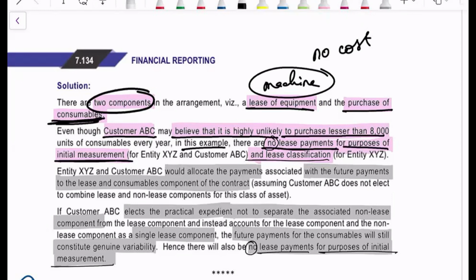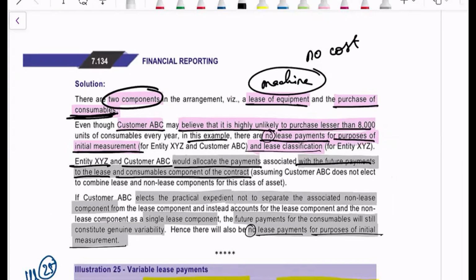Okay, so here entity XYZ and customer ABC would allocate the future payments to the lease and consumables components of the contract. What they're saying is, in the future, if there is any payment which the lessee makes to the lessor, they will allocate those payments and bring them in as a lease component.